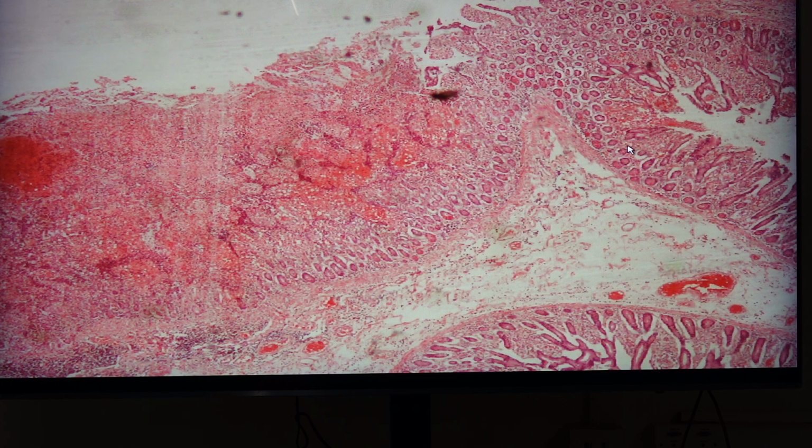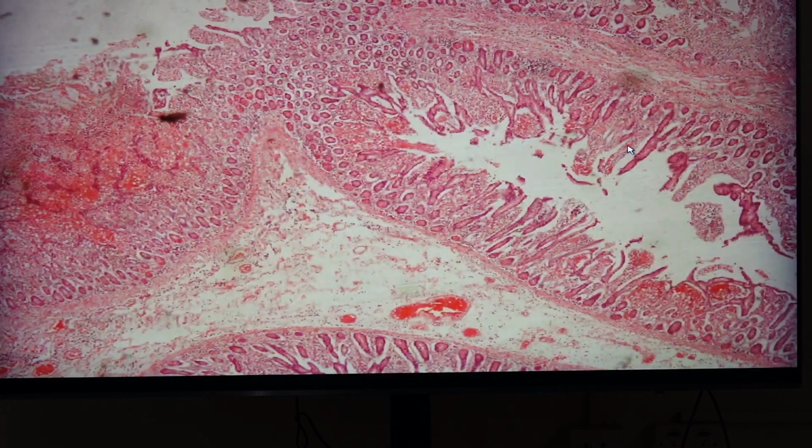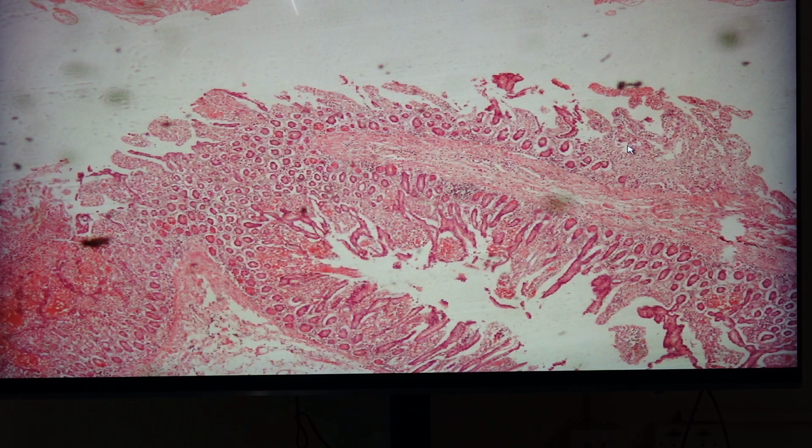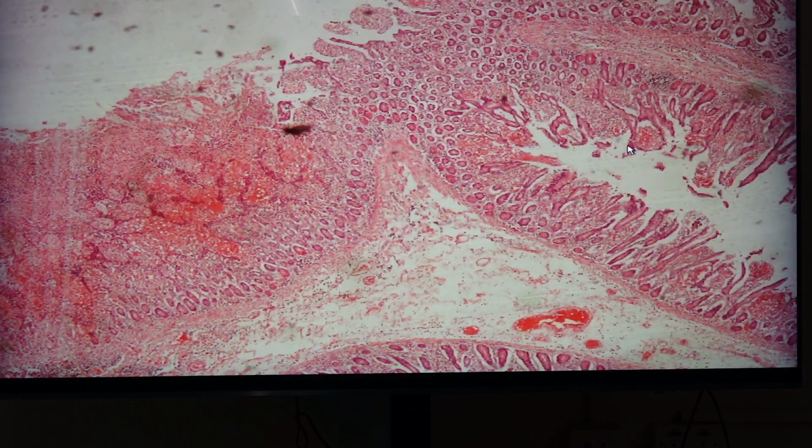So the type of infarction that we would see would not be white infarct but red infarct, okay, because of the reperfusion. So there are certain segments in the large intestine that can be affected by this one. These are what we call as the watershed areas.